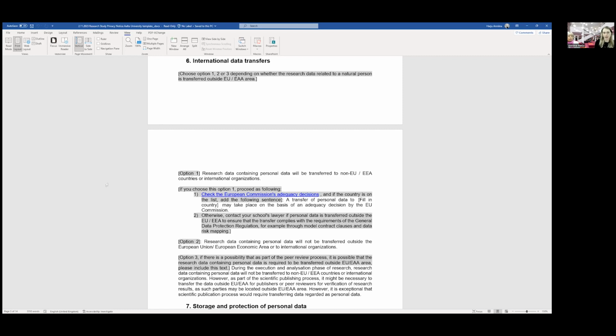So again, you need to know. Before you start processing and collecting the personal data, you will need to know if you are transferring it to parties outside the European Union.